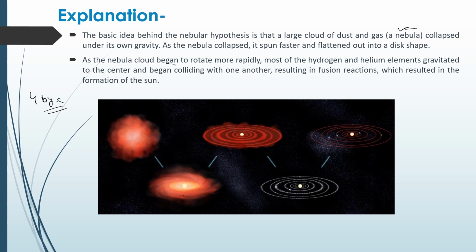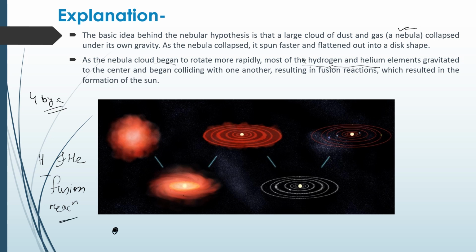Some gases were there, like hydrogen and helium. These are the first elements. These gases concentrated at the center. The atoms of hydrogen and atoms of helium started to collide with each other. Their collision started and a fusion reaction started at the center.